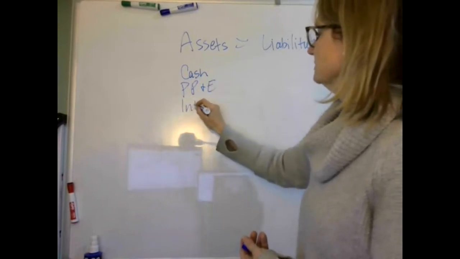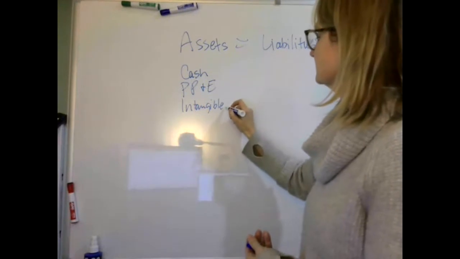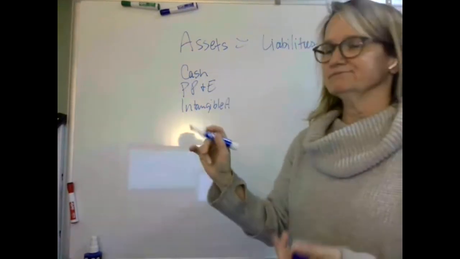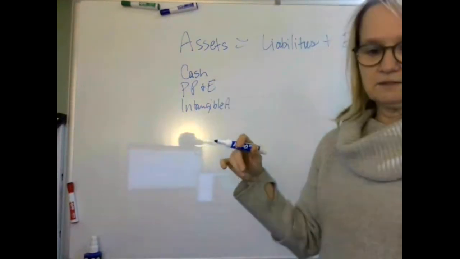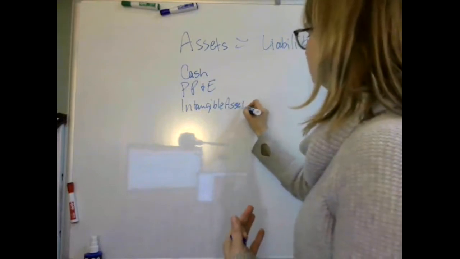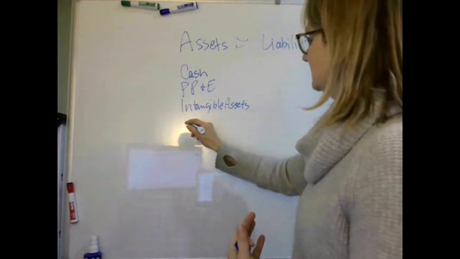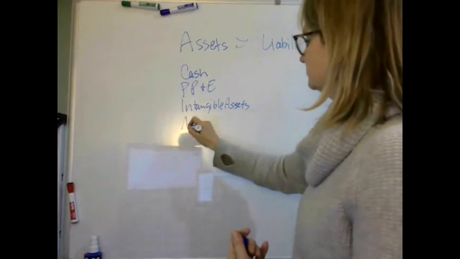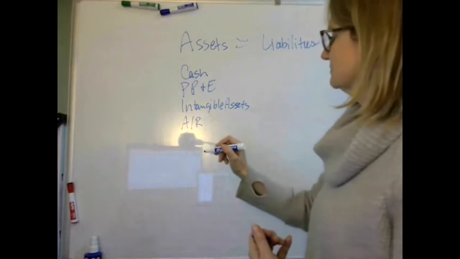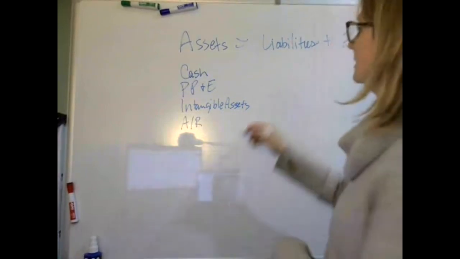We've got intangible assets, things like copyrights, goodwill, that sort of stuff. There's all sorts of them. Accounts receivable, amounts that people owe us, right? And then on and on and on.